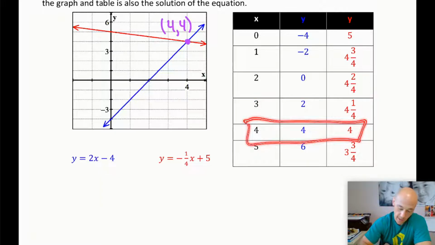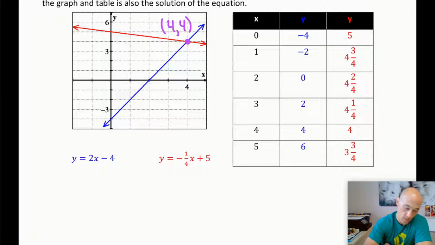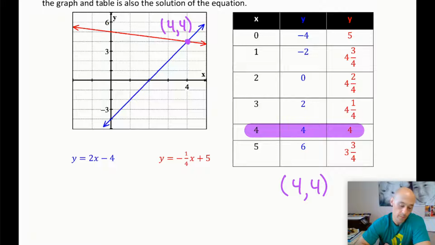But there, when x is 4, y is 4 in both of those tables. So we can see that the solution in the table is right here at (4, 4). That's good news, because if it didn't match our graph, we would be in trouble.